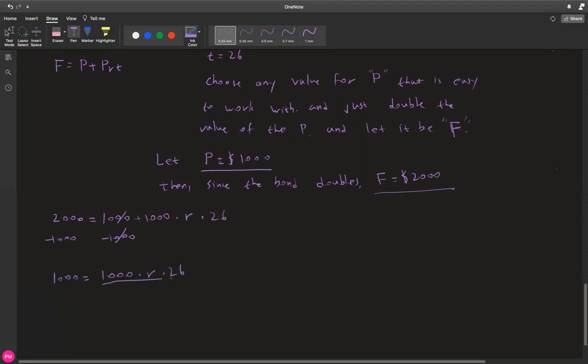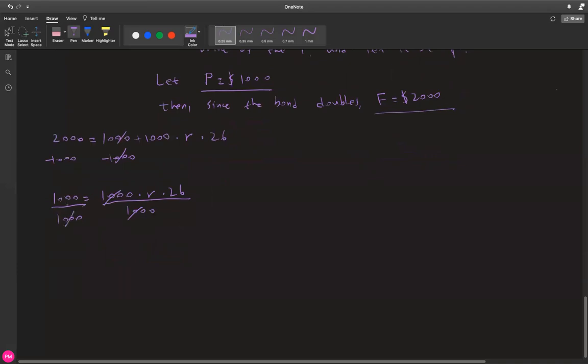And you can also divide each side by 1,000. In this case, this cancels out too. So it's going to be 1 equals R multiplied by 26. So this implies that R equals 1 over 26, or in decimal, 0.0385.